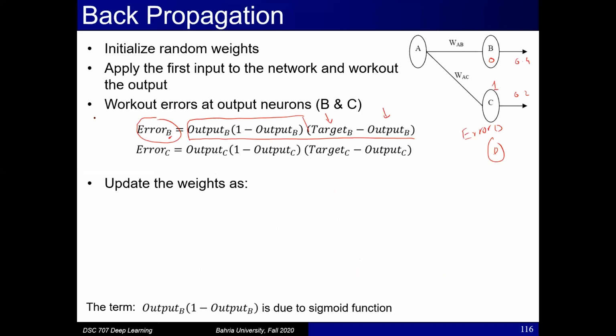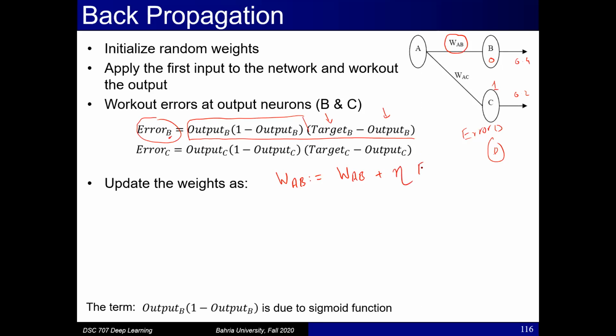Now if I try to write the weight update equation, my weight is WAB. So the new value of this weight is the old value of this weight plus the learning rate times the whole of this thing.